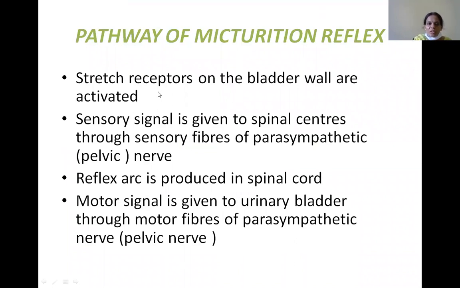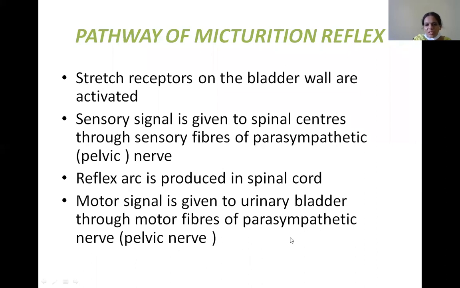This is important. The stretch receptors on the bladder wall are activated. A sensory signal is given to the spinal centers through the sensory fibers of the parasympathetic nerve, that is the pelvic nerve. A reflex arc is produced in the spinal cord, and a motor signal is given to the urinary bladder through the motor fibers of the parasympathetic nerve, the pelvic nerve.